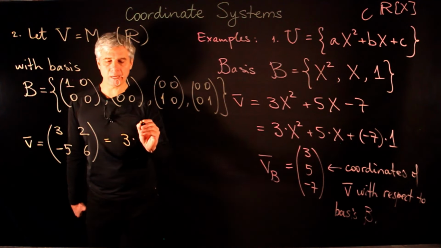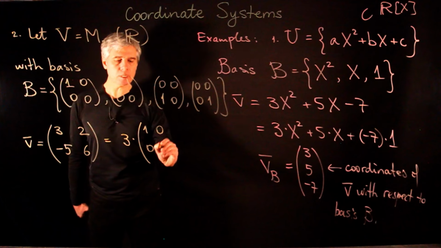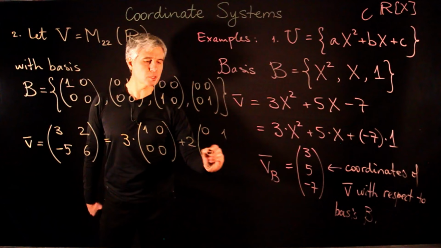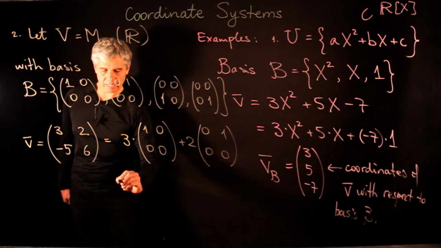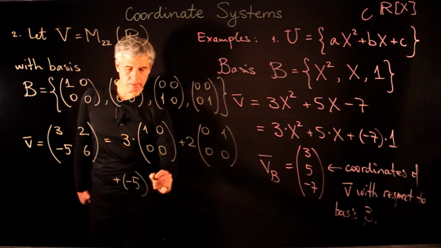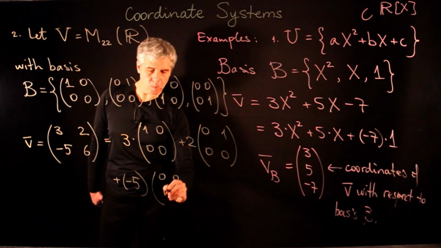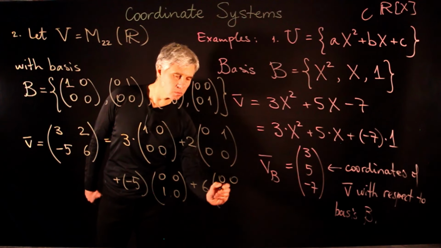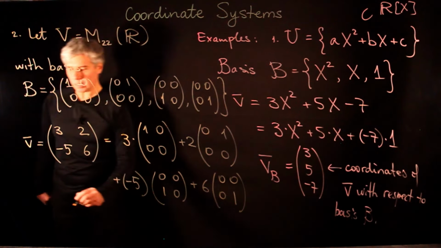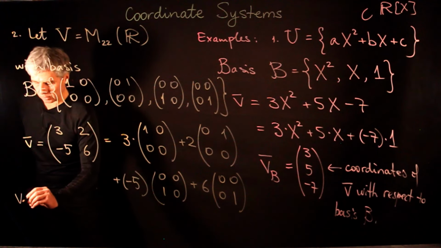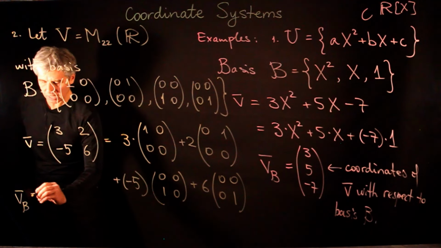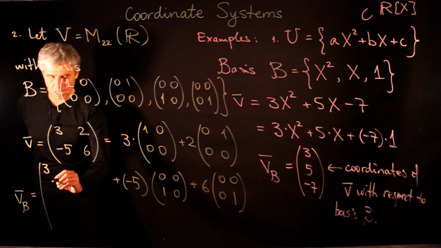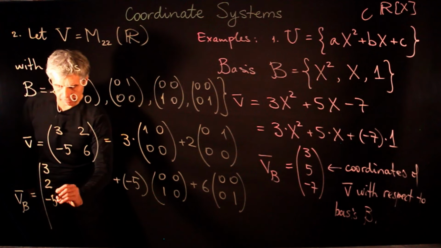So this will be 3 times the matrix 1, 0, 0, 0, plus 2 times the matrix 0, 1, 0, 0, plus negative 5 times the matrix 0, 0, 1, 0, and plus 6 times the matrix 0, 0, 0, 1. And as a result, we see that the coordinates of this vector with respect to this basis is a column vector with 4 components. So this will be 3, 2, negative 5, and 6.